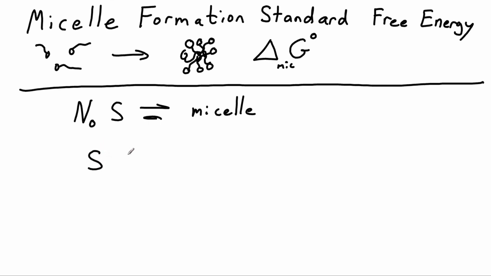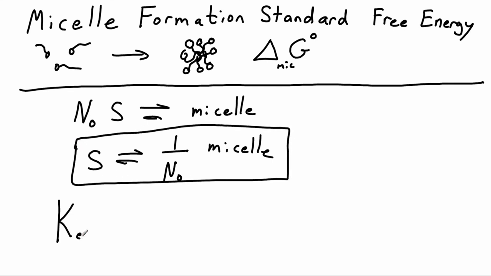S is the concentration of surfactant molecules, and if we had one surfactant molecule, that will form 1 over N naught of a micelle. So that'll be the reaction that we're going to analyze. Let's choose this one.